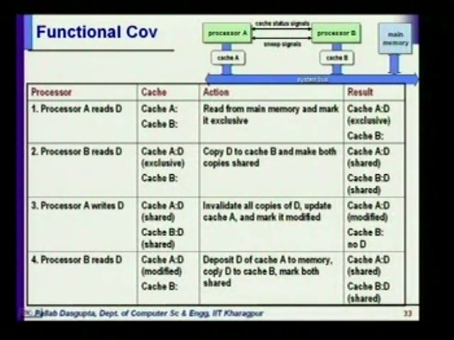Now look at processor B reads D. What happens? We write back D from cache A to memory, copy D to cache B and then mark them shared. This is because the policy says that when the other processor is trying to read D, we must first do a write back, then make it shared and make it accessible to processor B. So this is to give you an example of the types of functionalities that the verification engineer wants to cover.